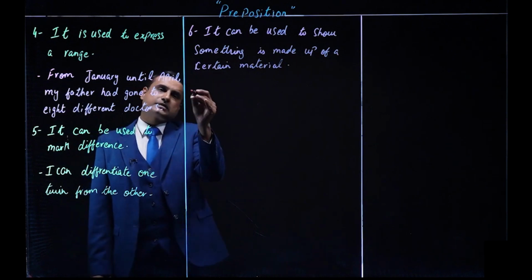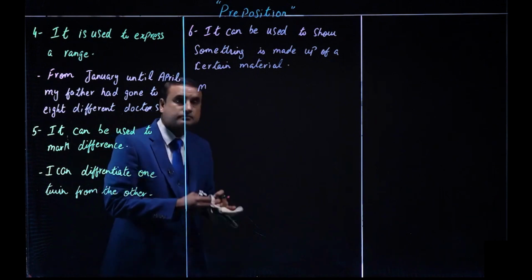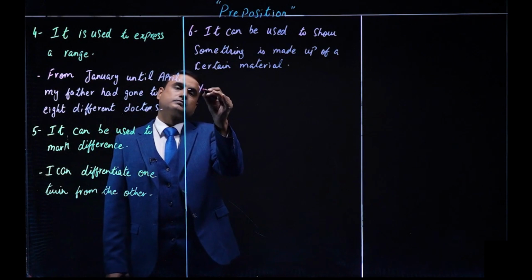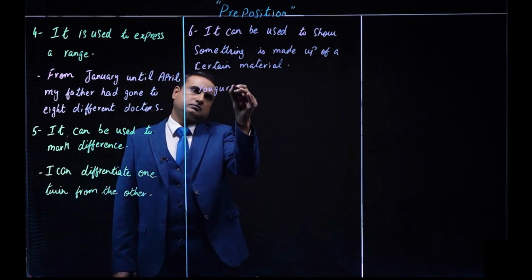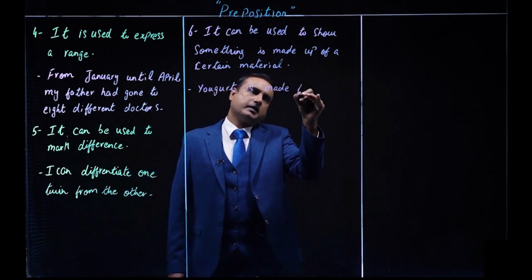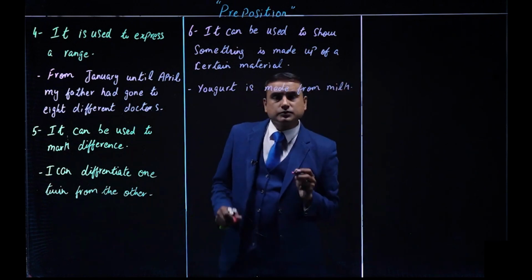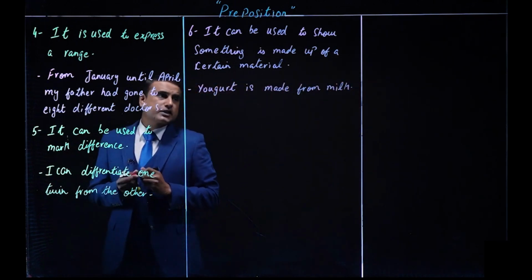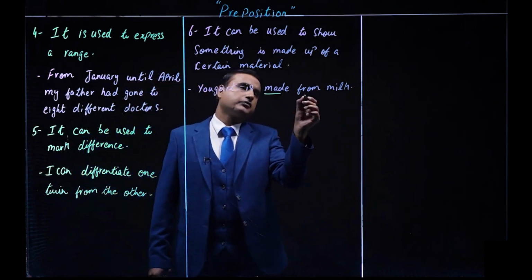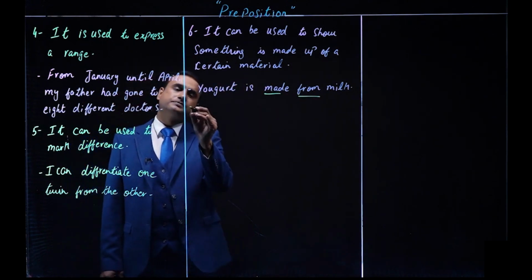For example, I say yogurt is made from milk. So here you can see that it is actually the composition of yogurt. It is made from milk. So इसके लिए भी आप इसको यूज कर सकते हैं.